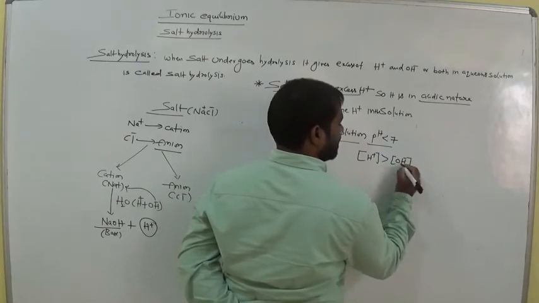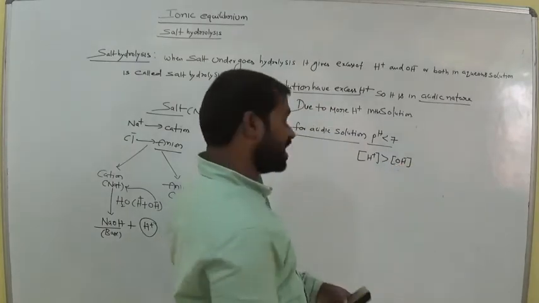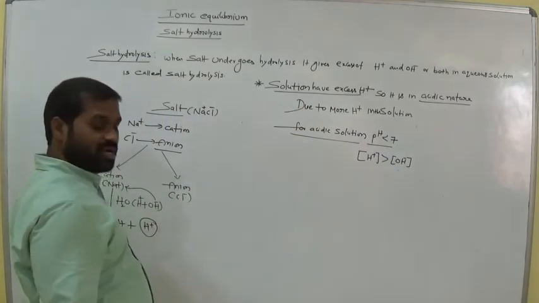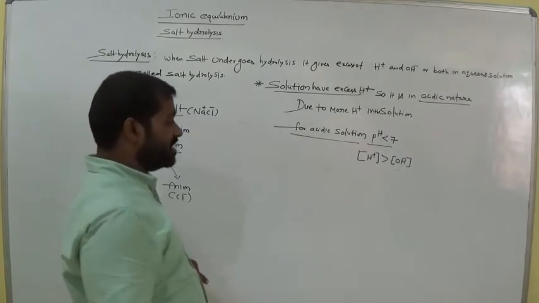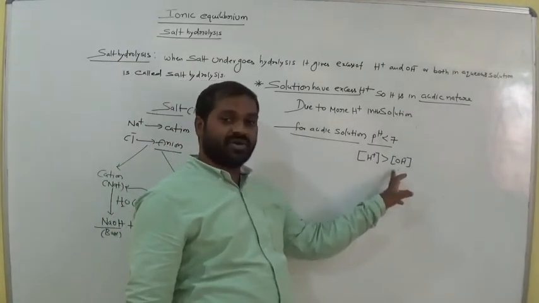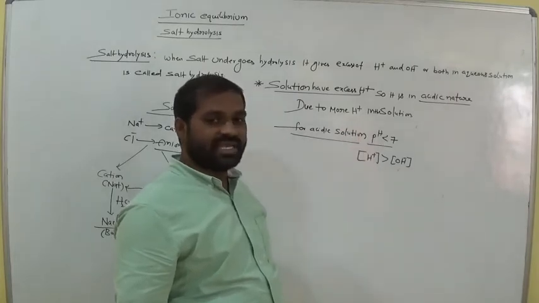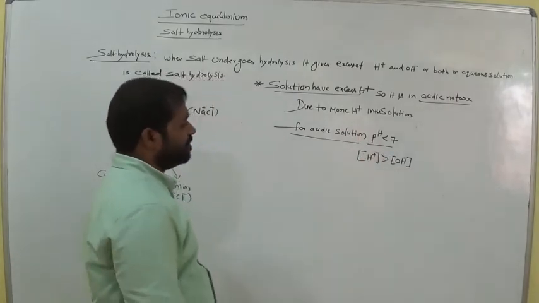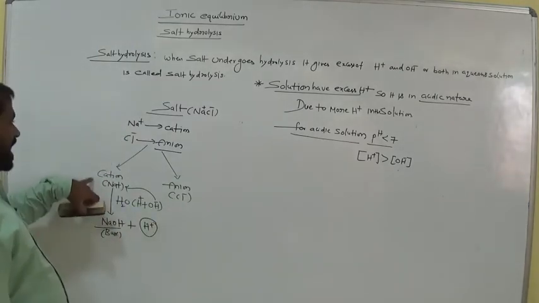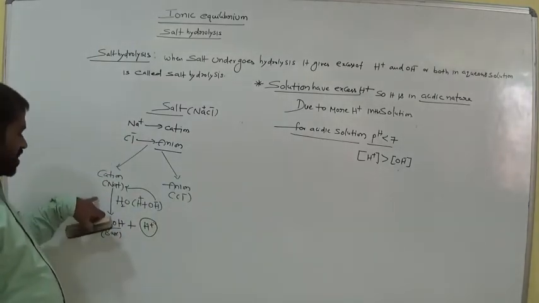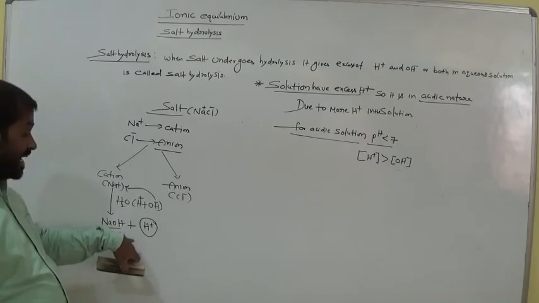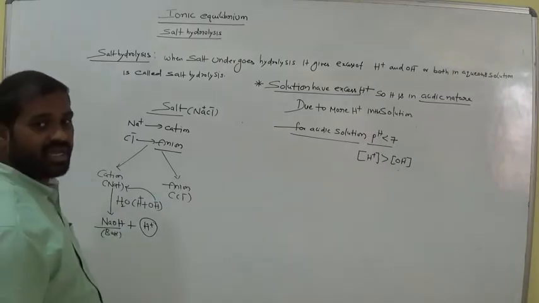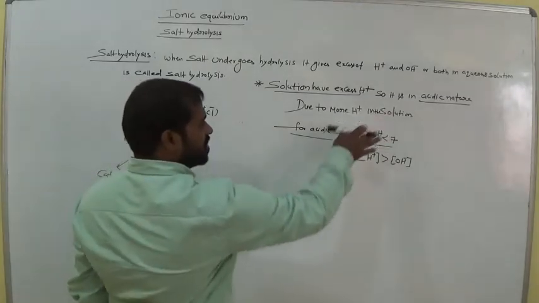Here in the solution we have base also, but the H plus ions are more. That means the H plus ion concentration is more than the base, so we call it acidic in nature. So pH is less than 7. Clear, all of you? So when the cation undergoes hydrolysis, it gives base and excess H plus in the solution, and the nature of the solution is acidic.